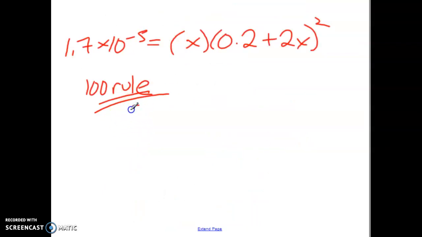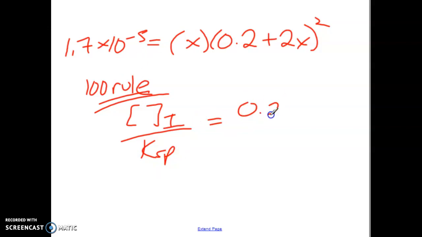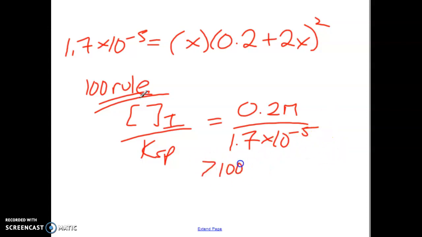So it's going to be the initial concentration divided by the Ksp. In this case, it's 0.2 divided by 1.7 times 10 to the negative 5. And in this case, it's way bigger than 100. It's actually almost 12,000. So therefore, the 100 rule will work for us.